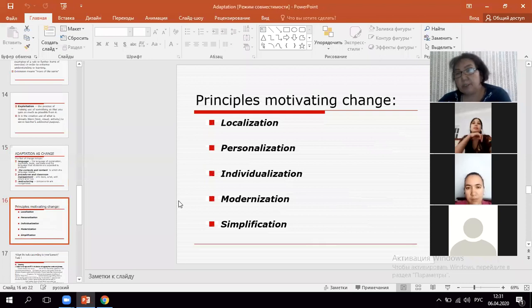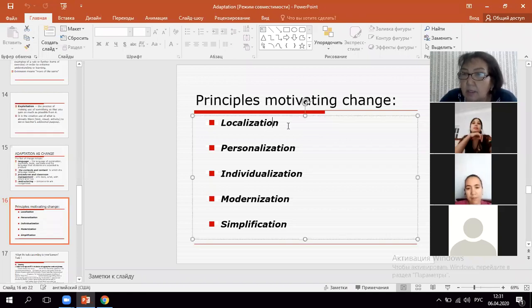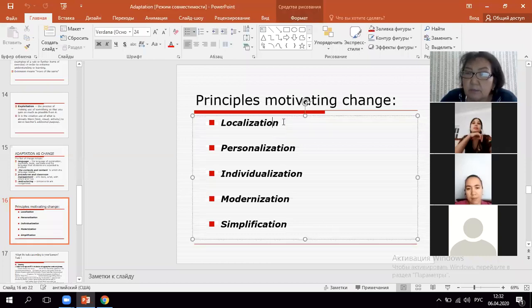Principles motivating change. In what case do we usually make changes? For example, you know the principle of localization. Gulzar, what is the principle of localization? Can you answer? So, localization. The material, for example, is not quite appropriate to our local students.